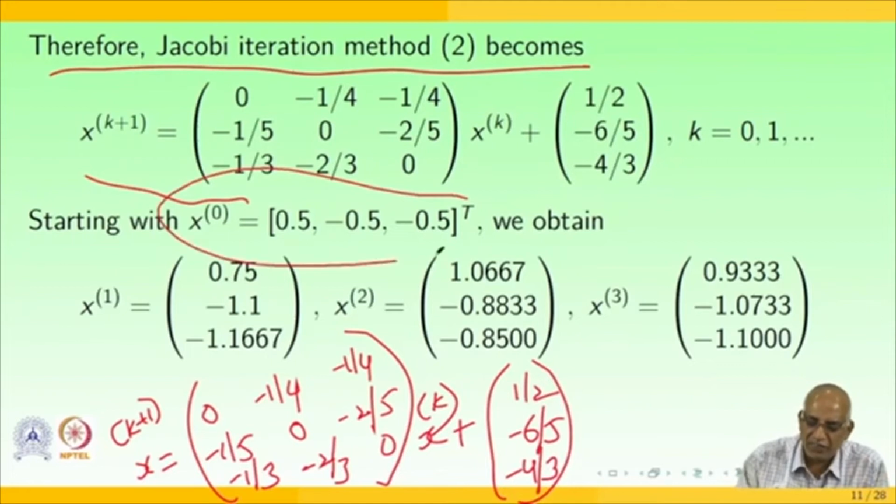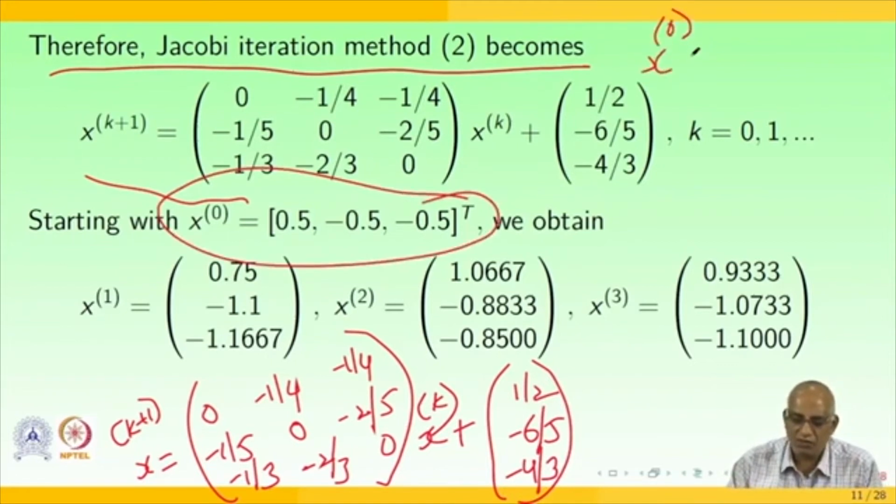So if you start with initial vector, x of 0 is equal to 0.5, minus 0.5, minus 0.5 transpose.